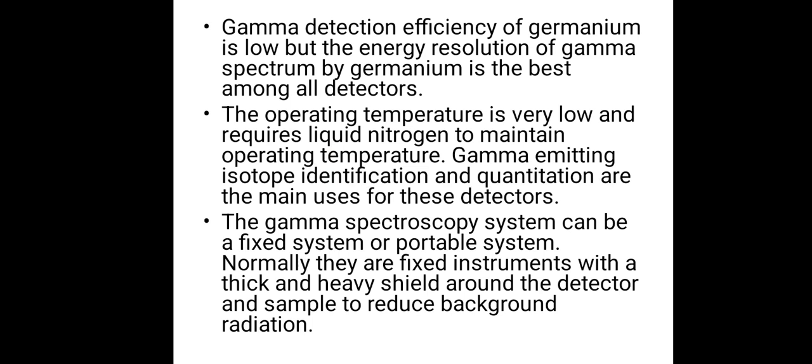Gamma emitting isotope identification and quantitation are the main uses of these detectors. The gamma spectroscopy system can be a fixed system or a portable system. Normally, there are fixed instruments with a thick and heavy shield around the detector to reduce background radiation.